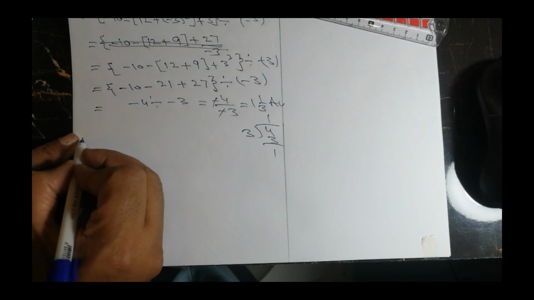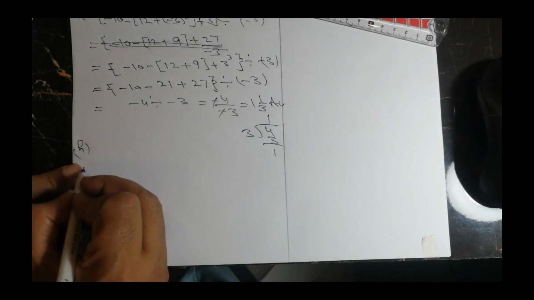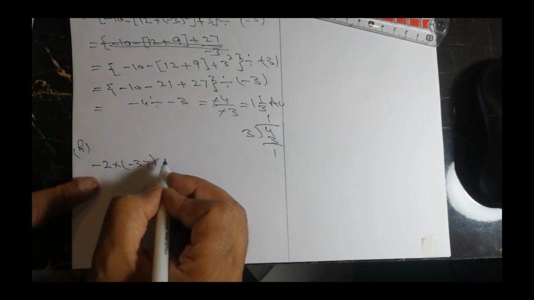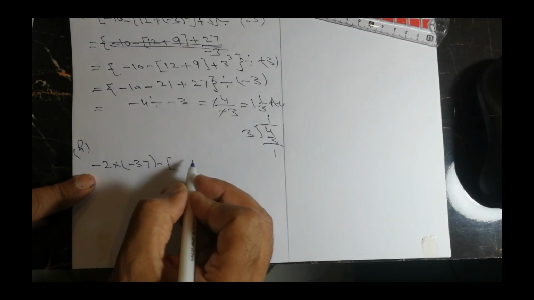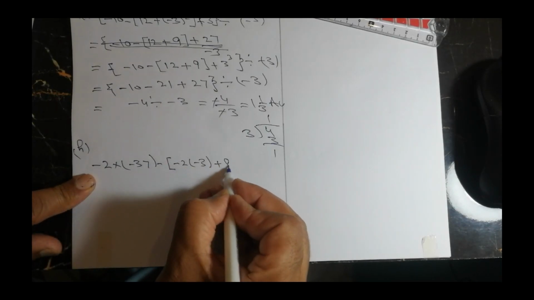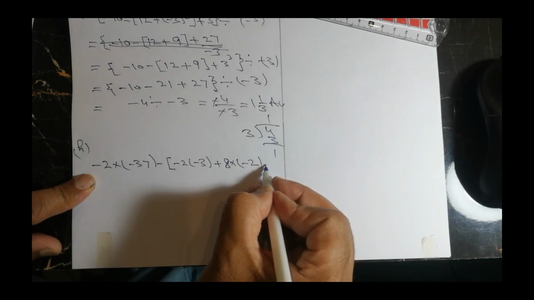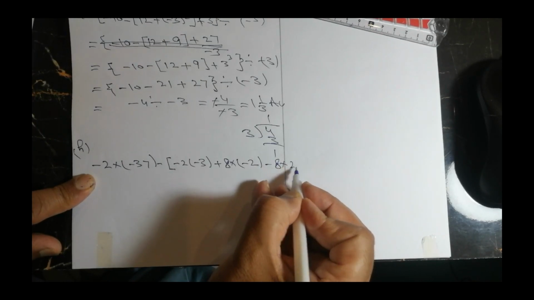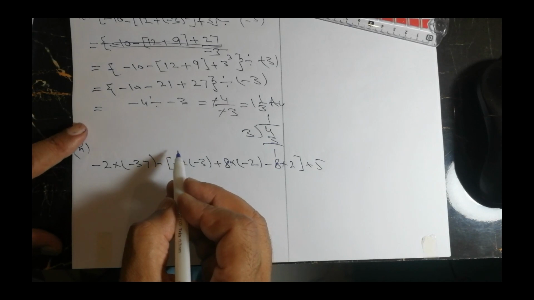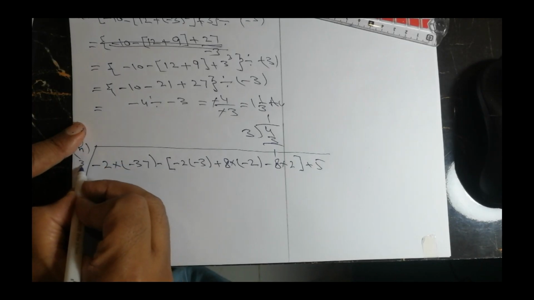Now next is part H, that is minus 2 multiplied by minus 37 minus square bracket minus 2 into minus 3 plus 8 multiplied by minus 2 minus 8 into 2, bracket close, plus 5 square, and this is cube root.